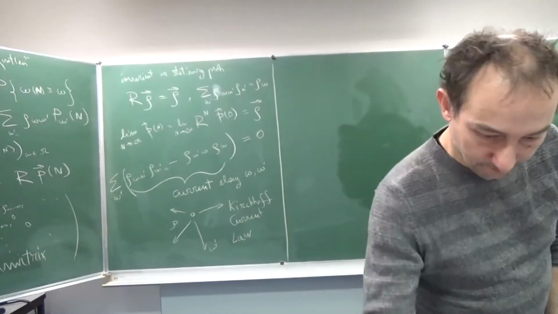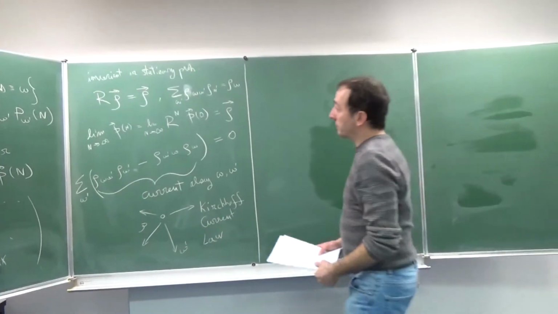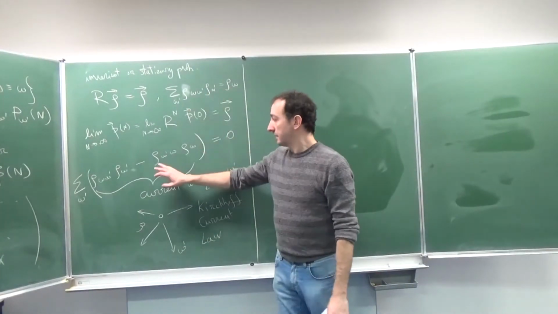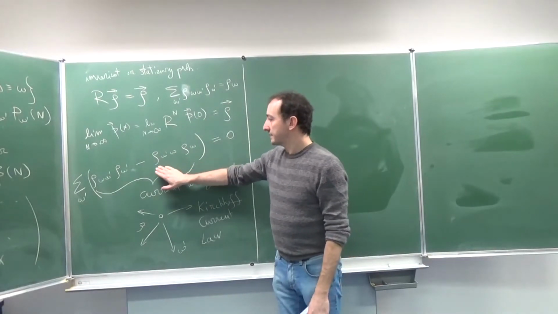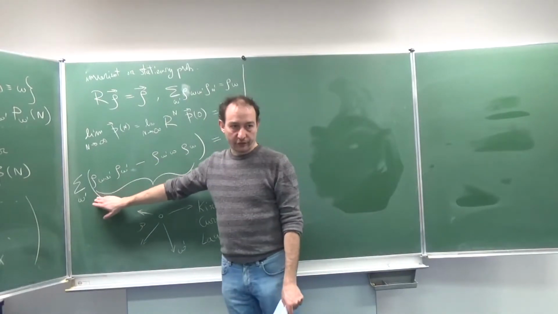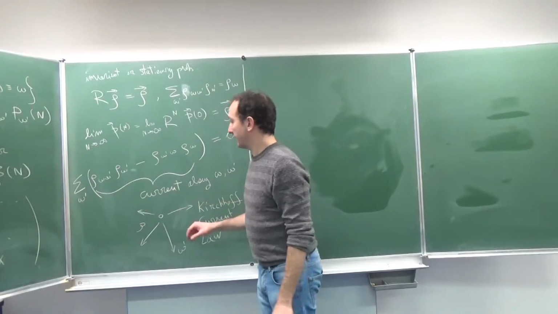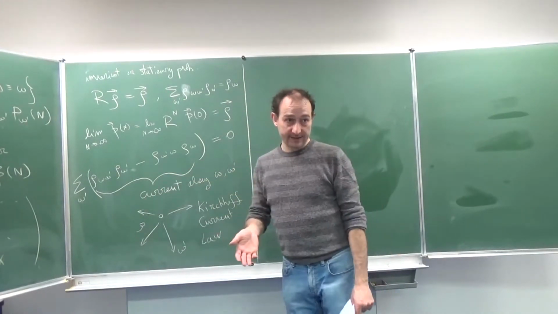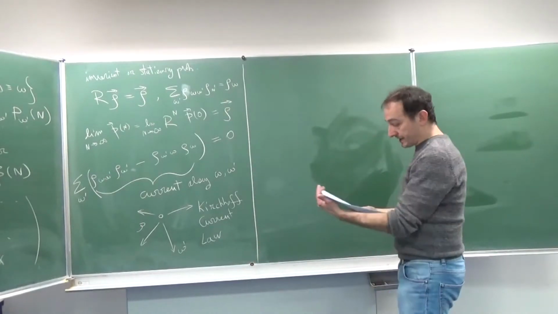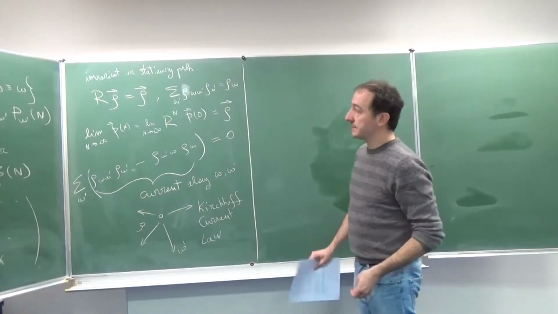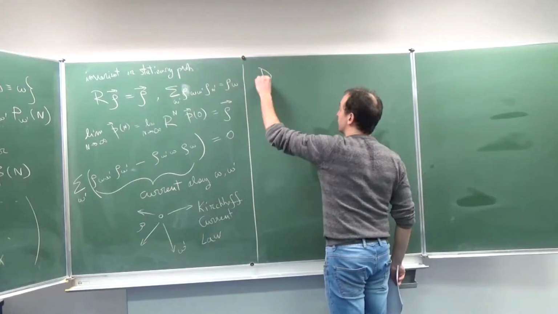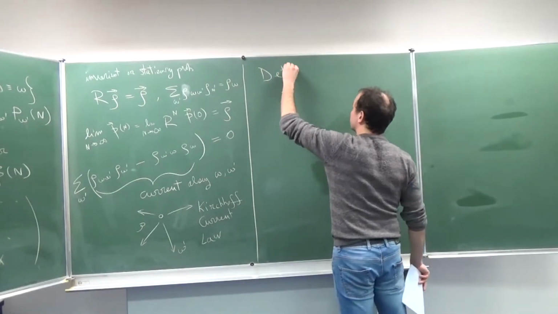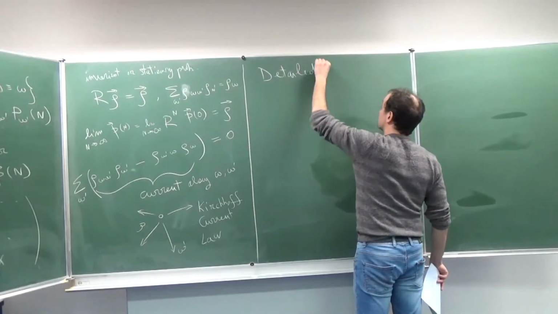But now, of all steady states, a steady state always satisfies the Kirchhoff current law with non-vanishing currents. If the currents vanish, then we say that the process satisfies detailed balance.